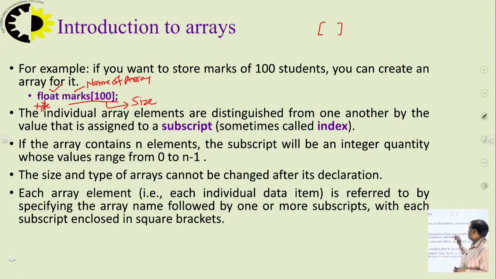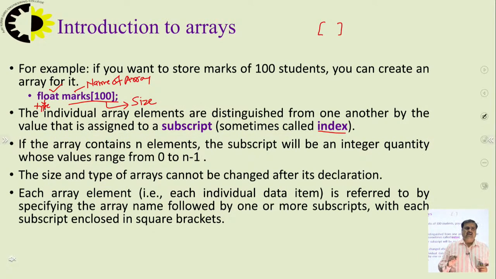Sometimes this subscript is also called index. If n elements are stored in the array, the subscript will always be an integer ranging from 0 to n minus 1. So, index will always be an integer value.